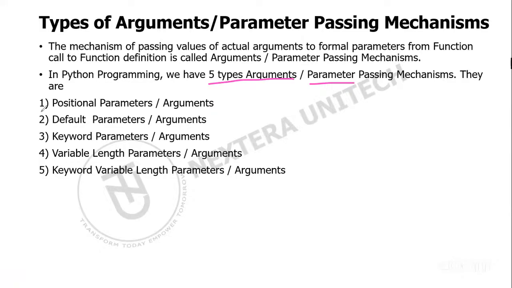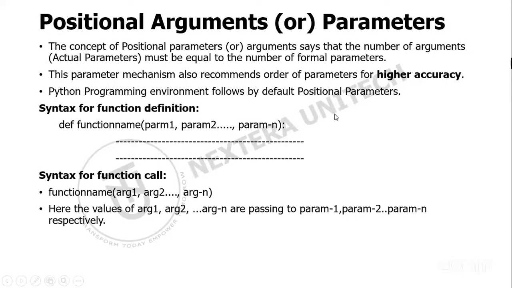They are positional parameters or arguments, default parameters or arguments, keyword parameters or arguments, variable length parameters or arguments, and the last one is keyword variable length arguments or parameters. We'll understand all these 5 types, the values that we pass inside the function. Let me start with positional parameters or arguments.